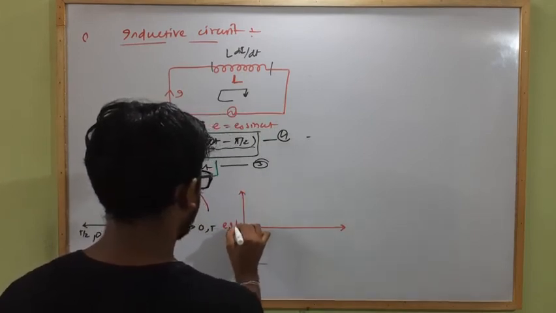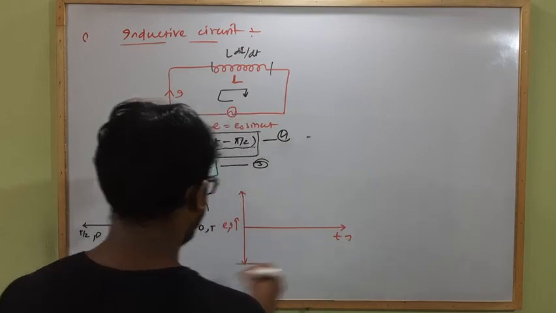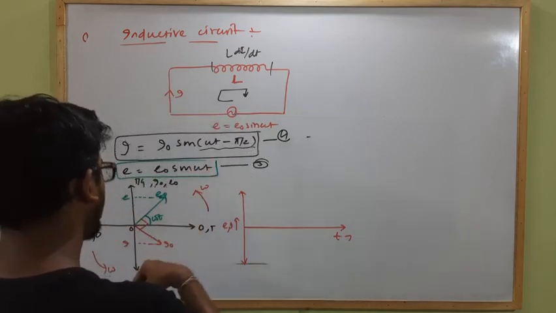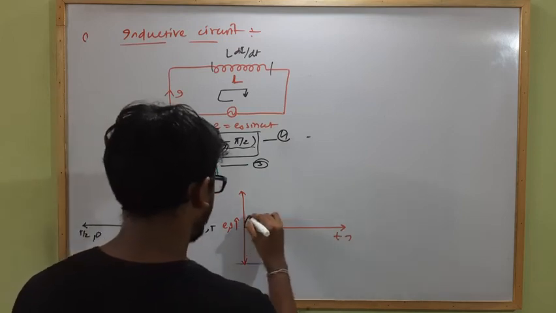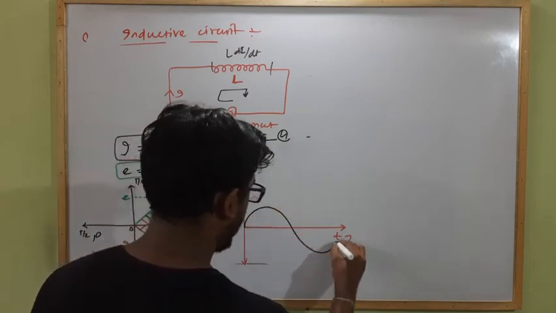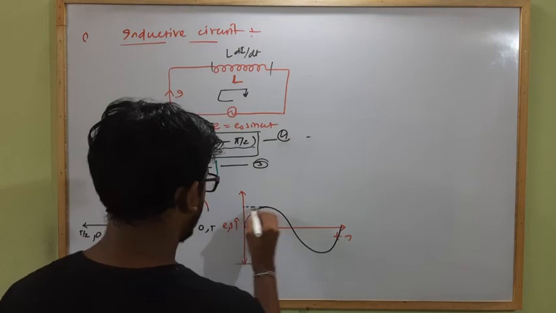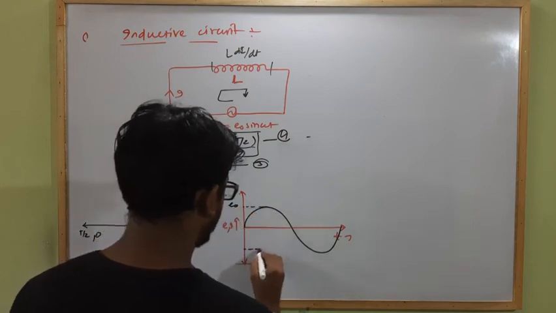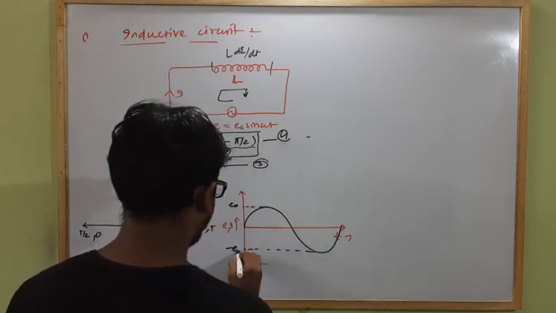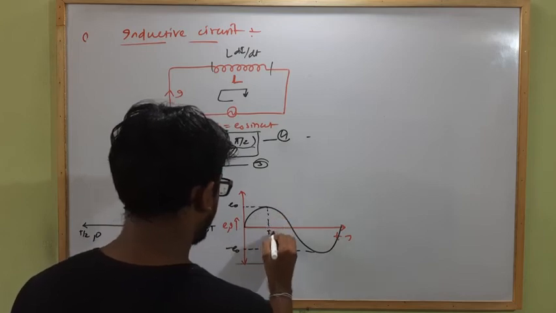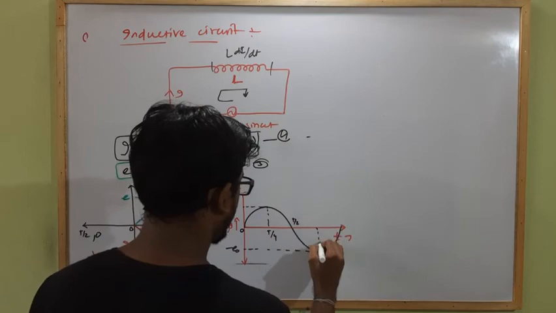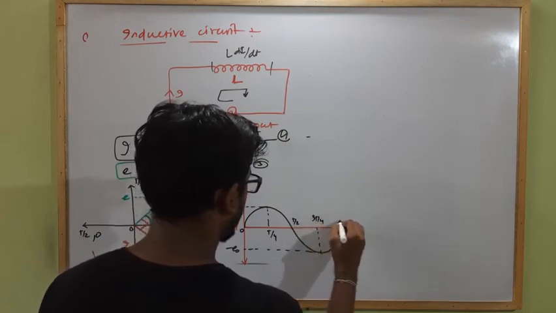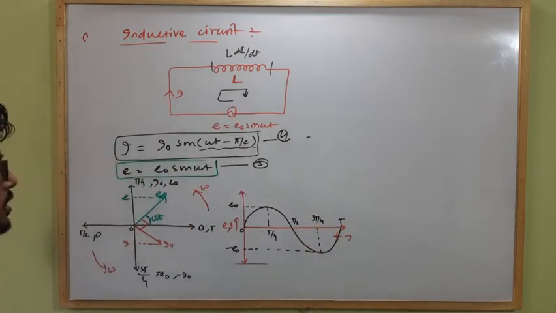E and I, and this is T. So at T equal to 0, what is the value of E? Equal to 0. This is E naught, minus E naught, T 0, T by 4, T by 2, 3T by 4, T. What is the value of I at 0?